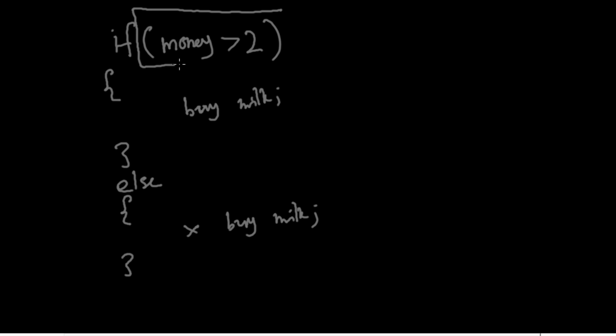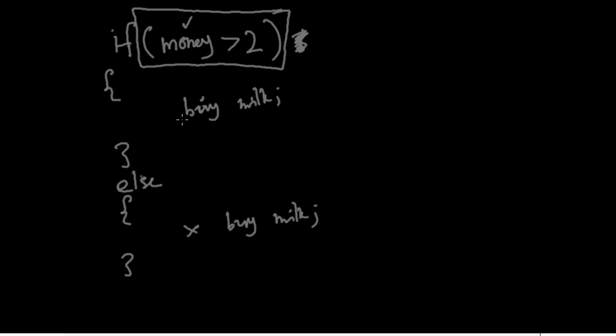What we have here is the condition. Within the two brackets is the condition: if your money is more than 2. And remember, the if-else construct is one of those constructs where at the end you don't have to put a semicolon. No semicolon required. If the condition is true, the condition is met, then you buy milk.